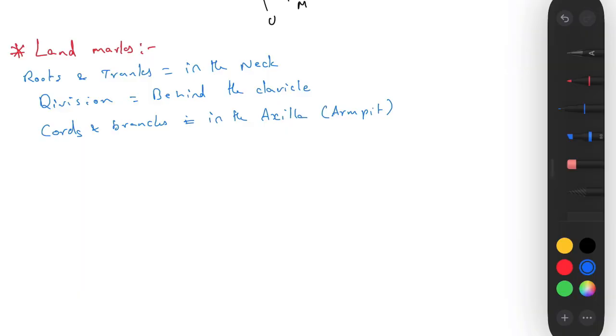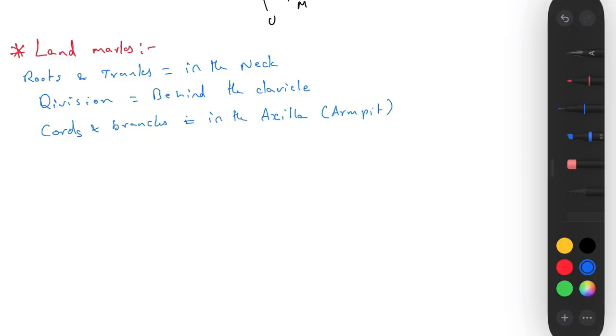The radial nerve gives elbow extension, wrist extension and finger extension, and dorsal sensation. The median nerve mostly helps forearm pronation, wrist flexion and thumb opposition. And the ulnar nerve helps finger abduction and adduction, finger movements like the intrinsic hand muscles.